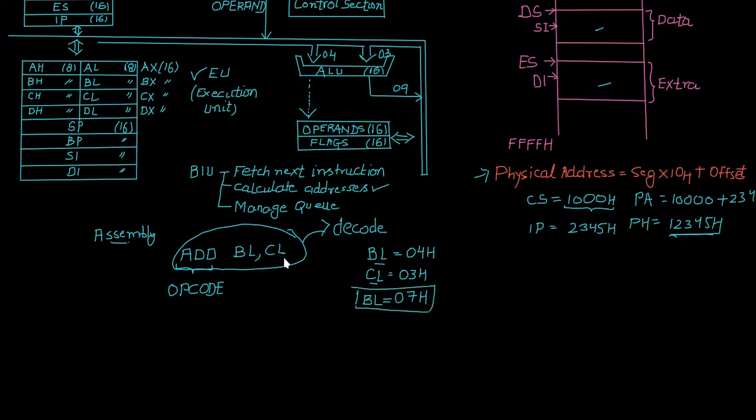So when we say add BL comma CL, we perform the operation add on these two components, and in this manner I can also write it like this: BL plus CL. But in the assembly format it is written like this, which means that you are going to add the two data inside these two registers and store it in the first register. So this one is known as the source register and this one is known as the destination register, because we are going to store the result in the destination.